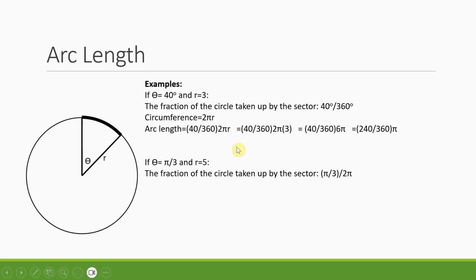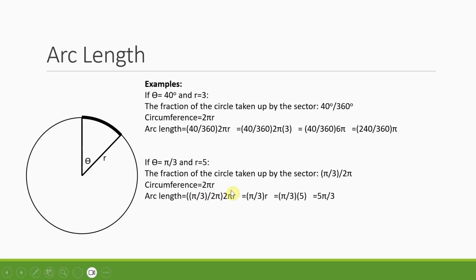So now, let's look at radians. Same angle as before, pi over 3, and radius being 5. So what is my fraction going to be? Well, it's going to be that pi over 3 angle over the total of a whole circle, which is 2 pi. So, again, circumference is 2 pi r. I'm going to take this fraction, put it right here in front of the 2 pi r, and then start canceling things out.